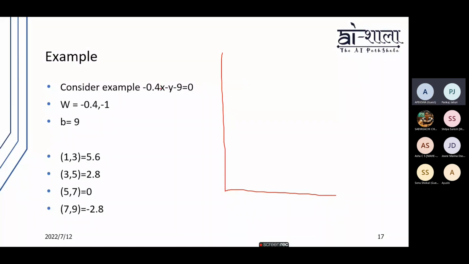If you put x equals 0, what will you get? You will get y equals 9. No, minus 9, right? So y equals minus 9. This is x equals 0 and y equals minus 9, somewhere here down.